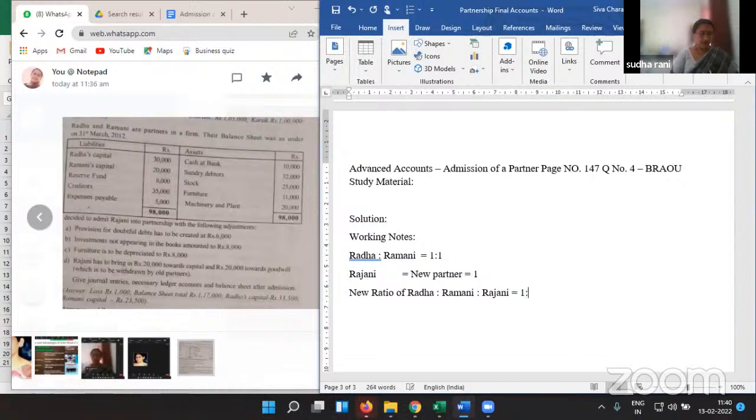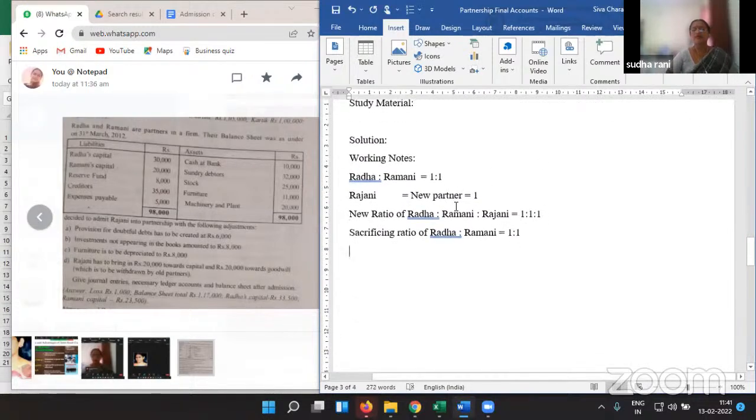So 1:1:1 is their new ratio. So the sacrificing ratio is automatically 1:1. The sacrificing ratio of Radha and Ramani with the admission of Rajni is 1:1. This is our working notes.